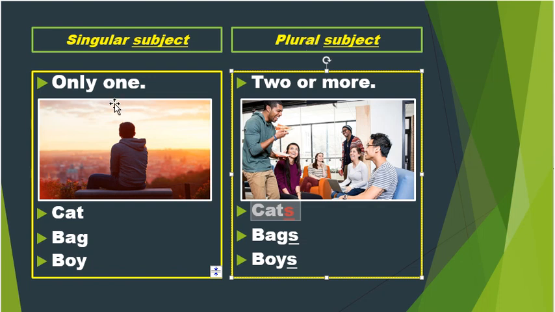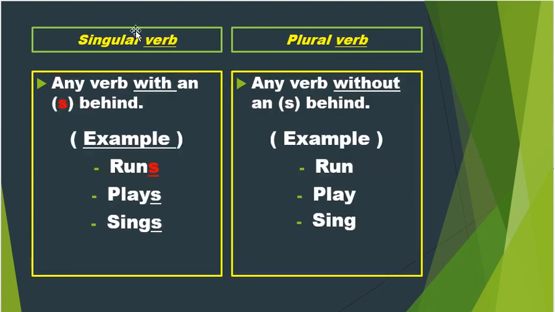Don't forget, when we say singular, it is only one, alone. When we say plural, that is two or more, like friends. Because we learned the singular and plural subject, let's move on to the singular verb and the plural verb.